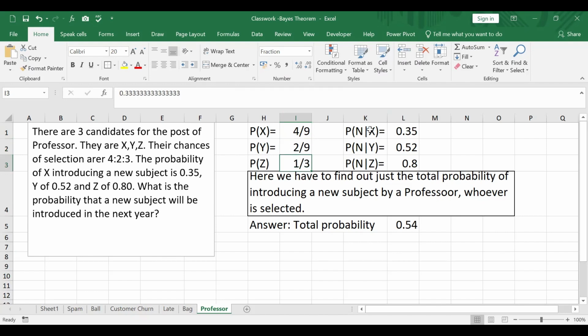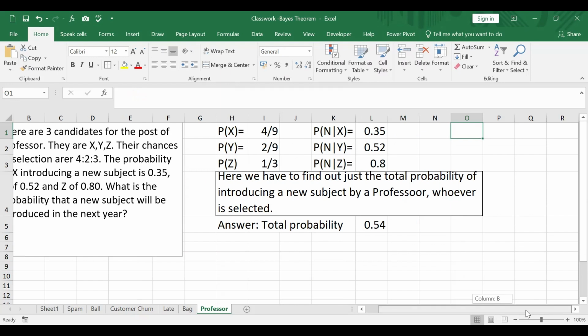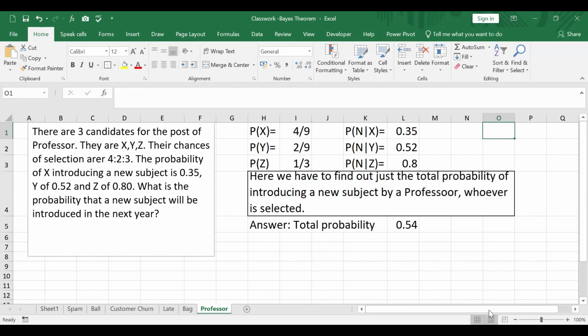Now, if X is selected, what is the probability that they introduce a new subject? It is 0.35. If Y is selected, new subject, 0.52. If Z is selected, the new subject, 0.8, because Z's probability is 0.80. Now we have to find out the total probability of introducing a new subject.